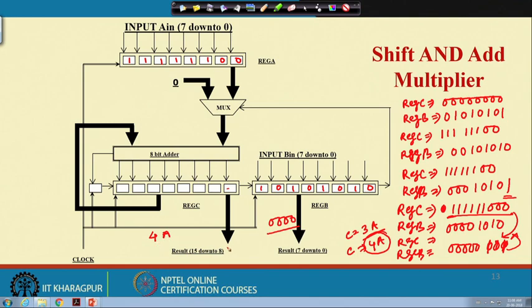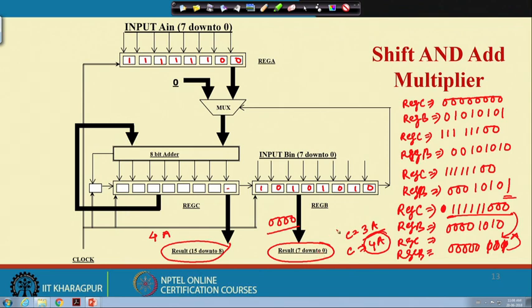Okay. So now the result, whatever is the remainder over here, that is the result bits 15 down to 8, and the result which is remaining over here is bits 7 down to 0.